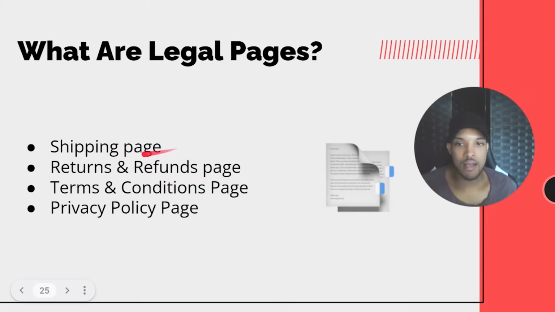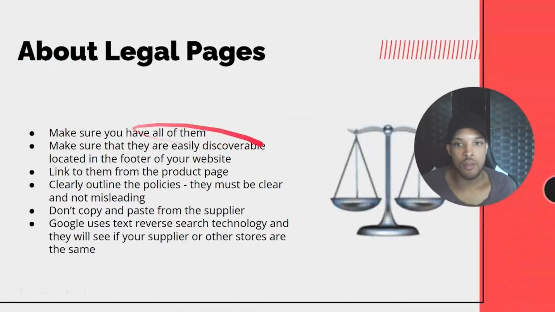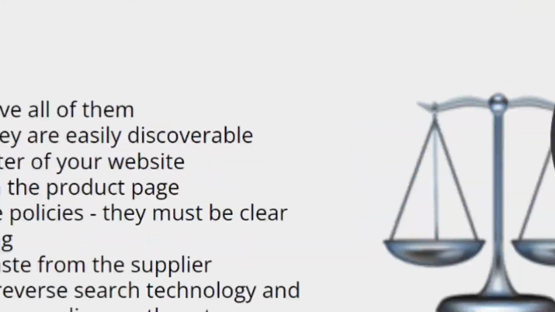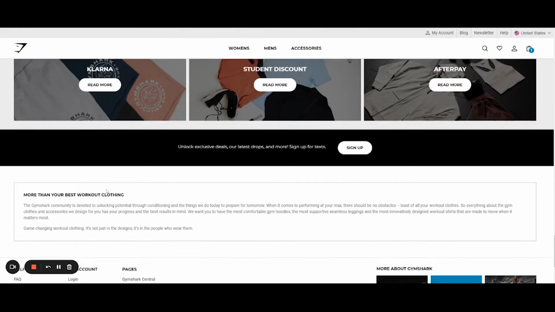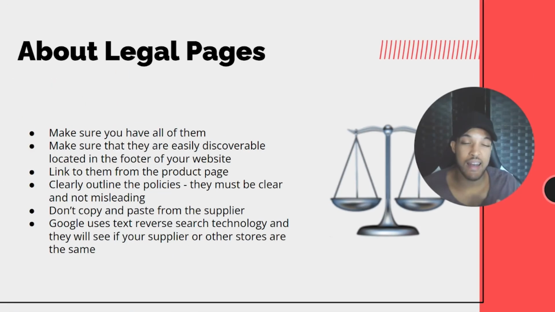Okay, so like I mentioned, shipping page, returns and refunds page, terms and conditions, and privacy pages. Make sure you have all these pages. We want to make sure that you can easily find them, and they're located in the footer. It's better if people can also contact you in the top right with the phone number. Make sure they're clear and not misleading in any way possible.